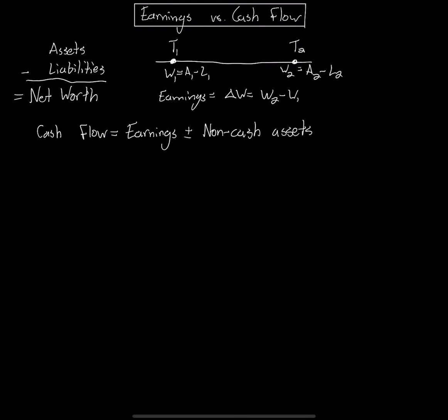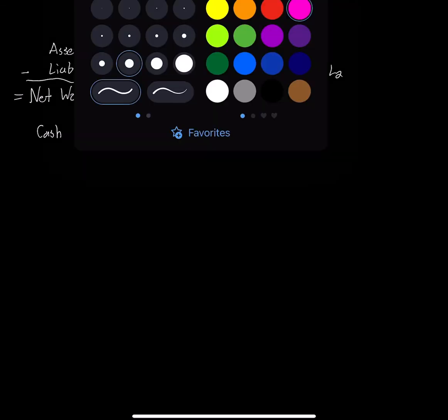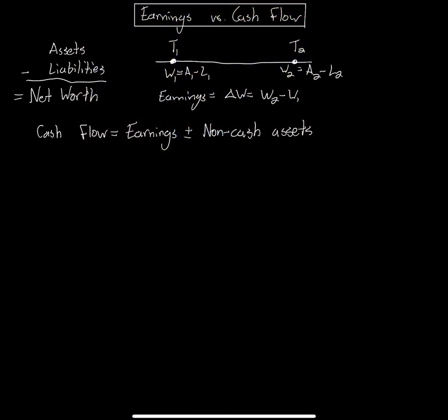So basically, in order to determine the cash flow, we want to add or subtract anything that isn't cash from the earnings. And why do I say add or subtract?